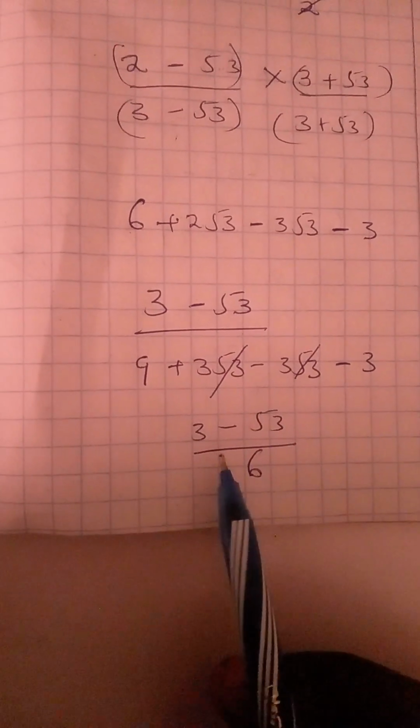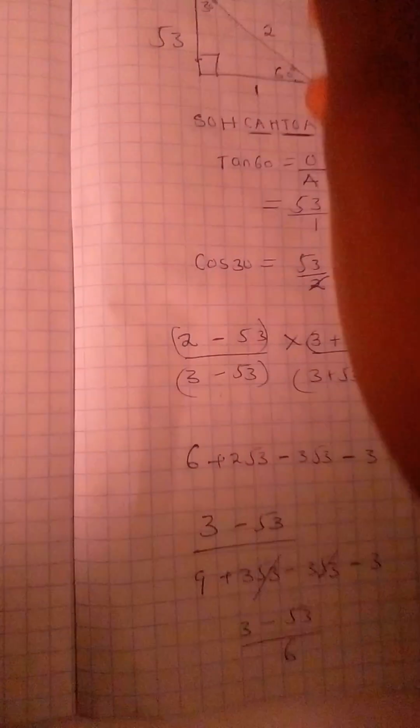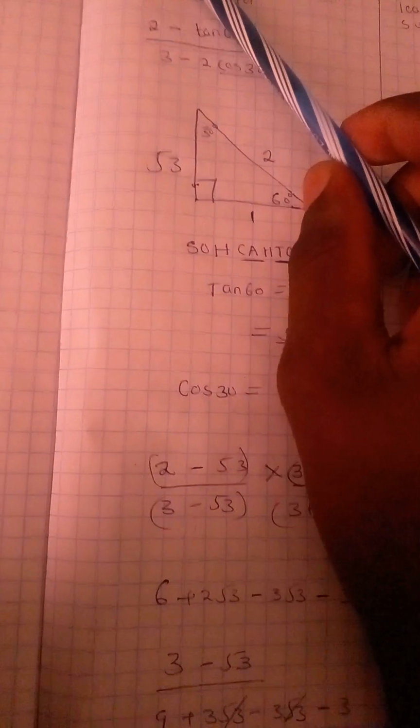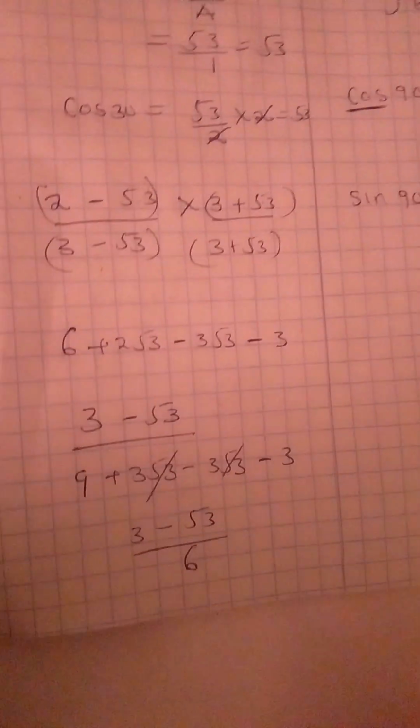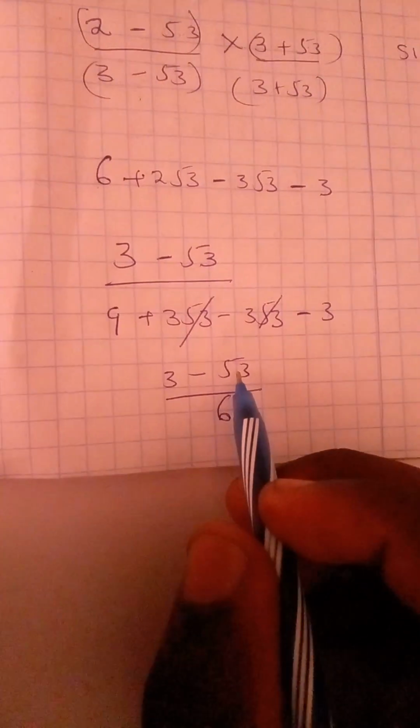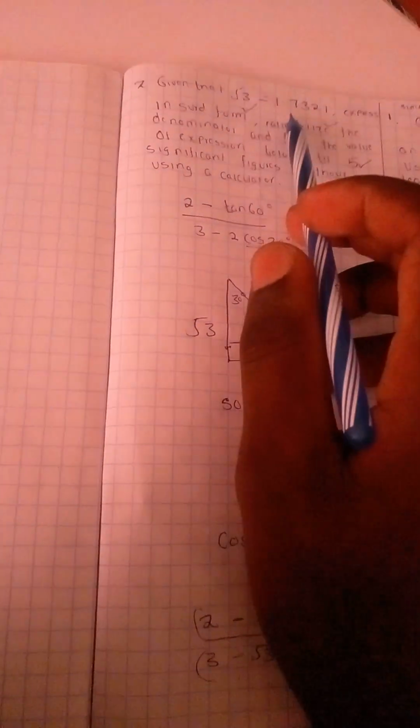Reaching here, now that we have rationalized the denominator, we want to find the value of the expression to 5 significant figures. Now that we had already been told that root of 3 is 1.7321, you now replace that root of 3 with 1.7321.